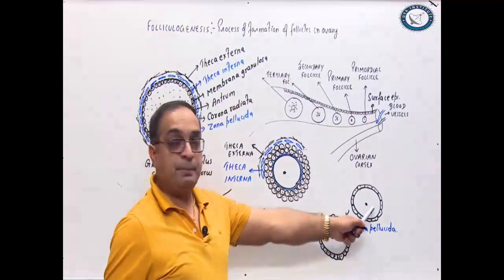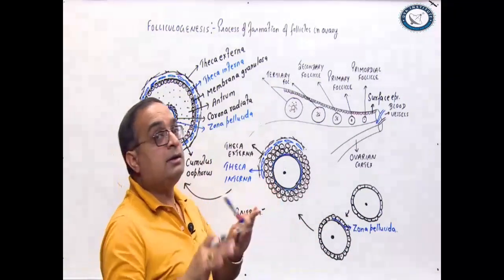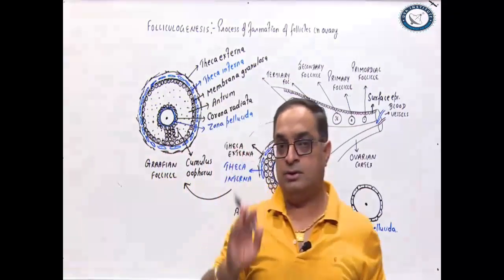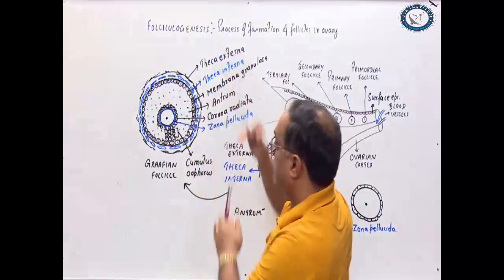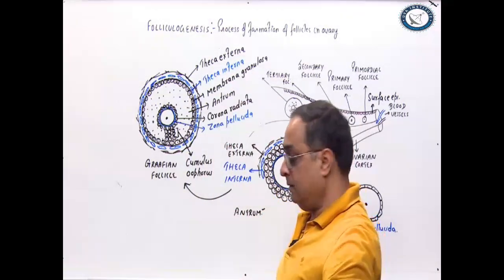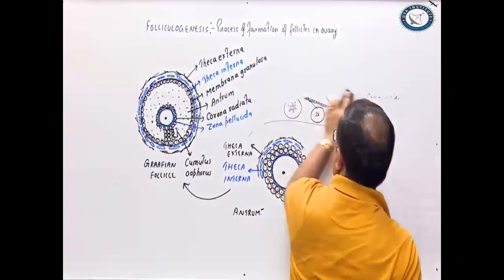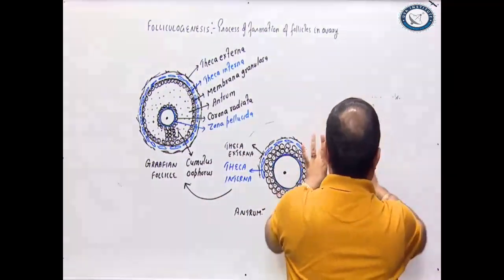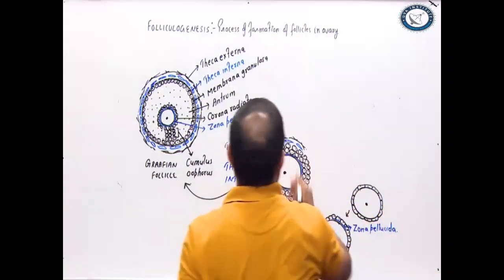The first stage was primordial follicle, primary follicle, secondary follicle, tertiary we have not drawn. In journal I told you what's going to happen when this changes into this. So finally we get a structure in the ovary, that is Graafian follicle, and that Graafian follicle undergoes ovulation. What is ovulation? The process of release of secondary oocyte from the ovary.